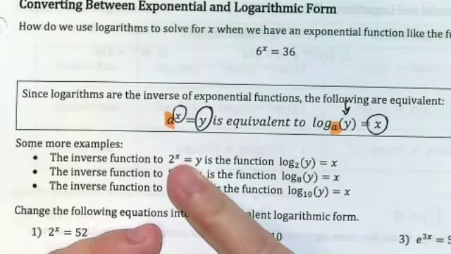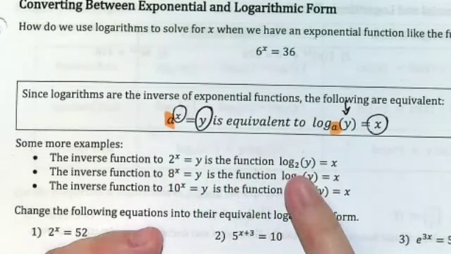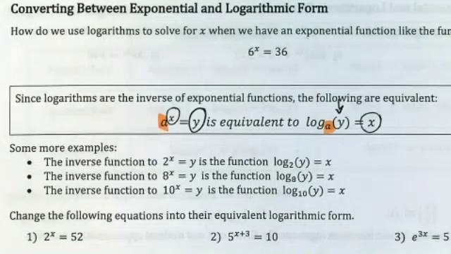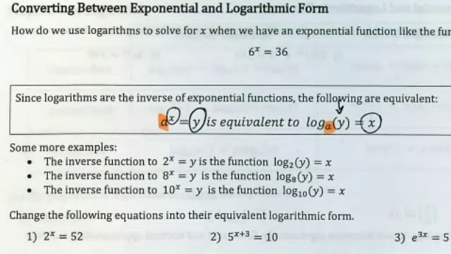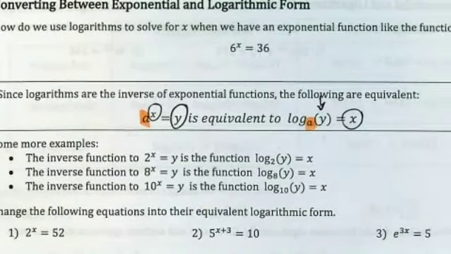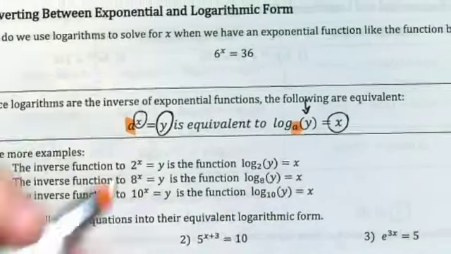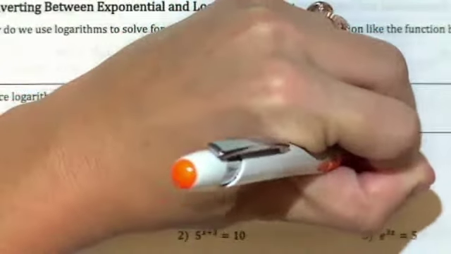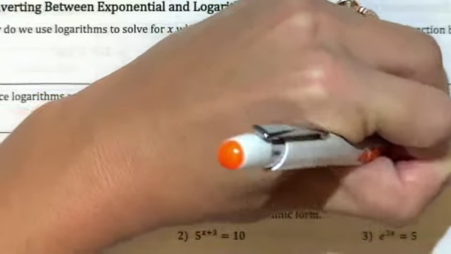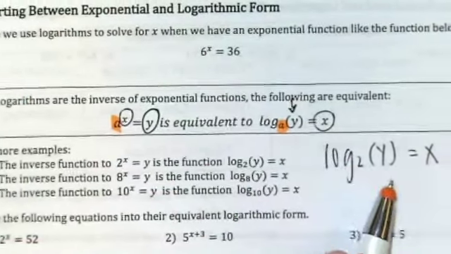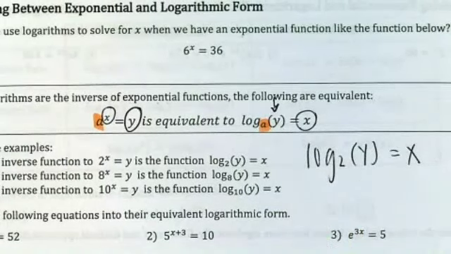You can convert from this exponential function to this logarithmic function, and there's a few different examples. Let me write this really quickly. For example, this log base 2 of y equals x. Again, you're saying 2 to the what equals y.